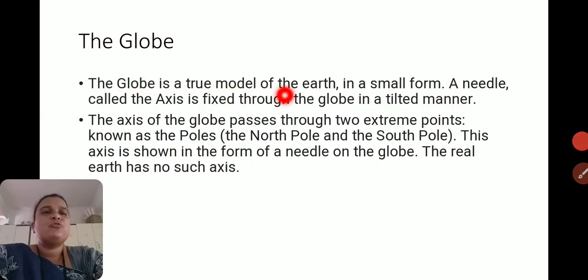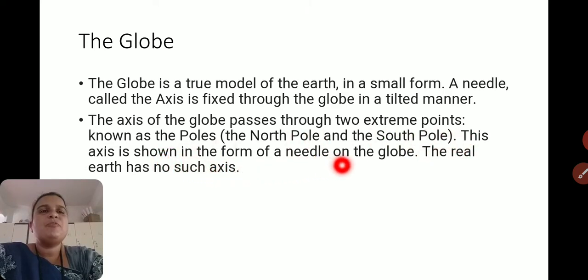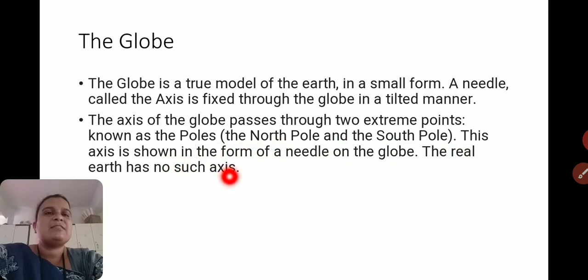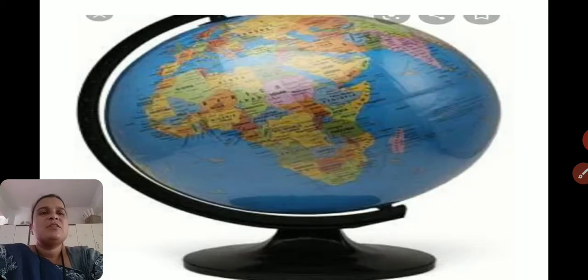Now see the globe. The globe is a true model of the earth in a small form. A needle called the axis is fixed through the globe in a tilted manner. The axis of the globe passes through two extreme points known as poles, North Pole and South Pole. This axis is shown in the form of a needle on the globe. The real earth has no such axis, even though the globe is the model of our planet Earth.